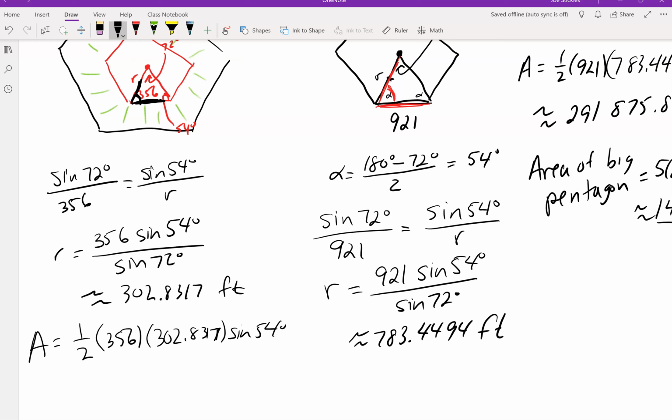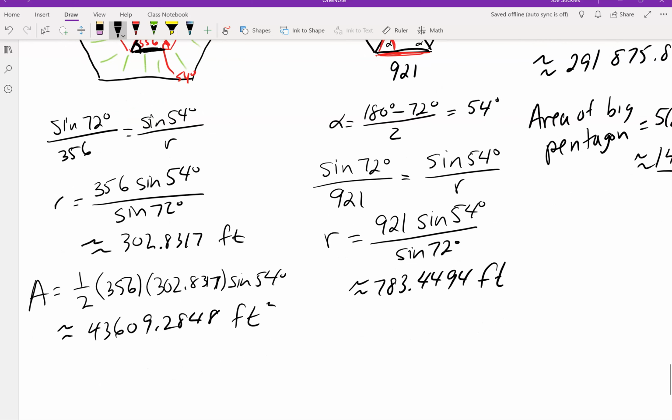Just make sure you have two sides and the angle between them. That's why we're using the 54 and not the 72 here. Use calculator, so 0.5 times the 356 times the 302 number times the sine of 54. We get 43,609.2848 square feet. That's one triangle.